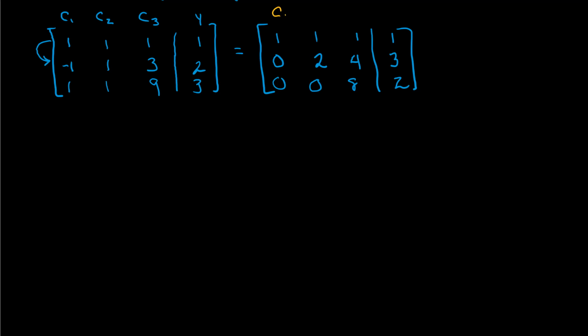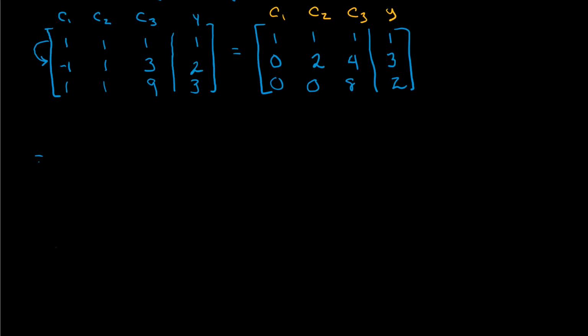Remember, this first column talks about C1, the second column C2, third one is C3, and on the right-hand side is the Y value. What I now want to do is to, in the second column, second row, this term right here, I want to make that a 1. Well, to get that equal to 1, what I need to do is to multiply that whole row times a half.